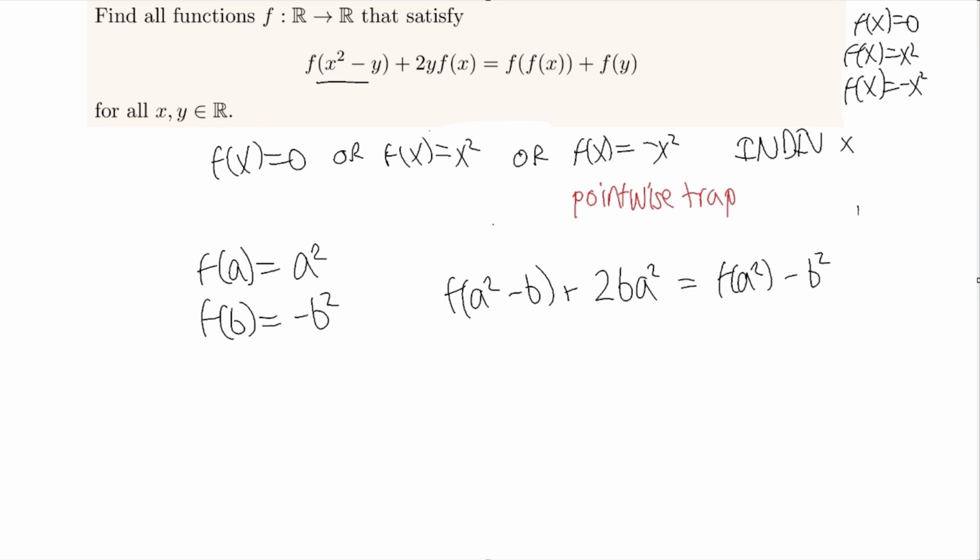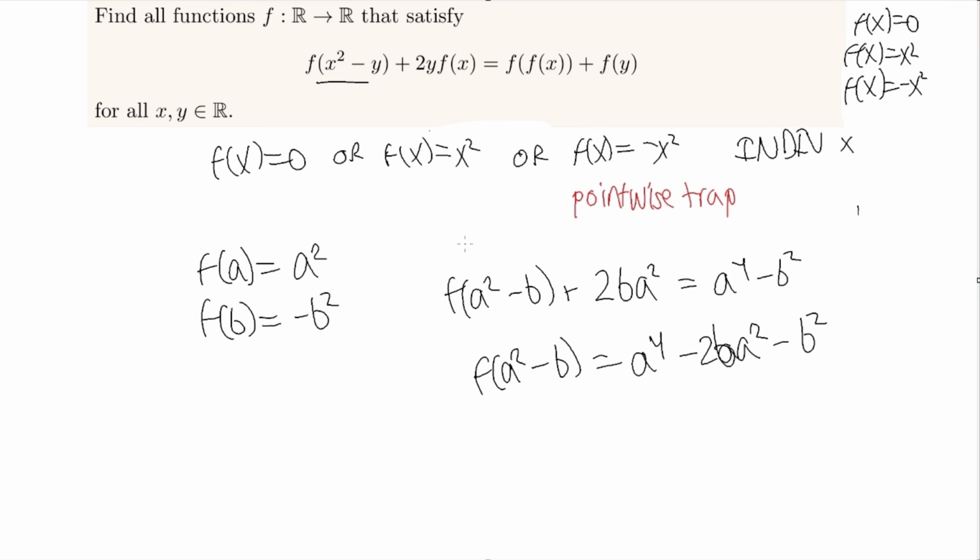And what is f of a squared equal to? Well, remember our identity from earlier, which is that this is also a squared f of a, and that's a to the 4th. So we end up getting that f of a squared minus b is equal to a to the 4th minus 2b a squared minus b squared. Minus b squared, I meant.